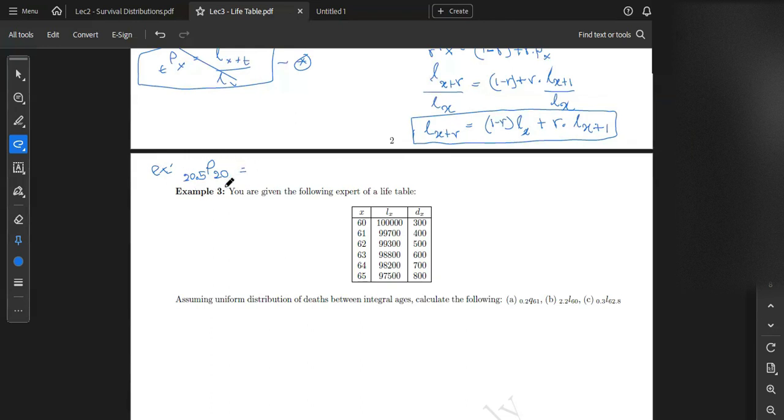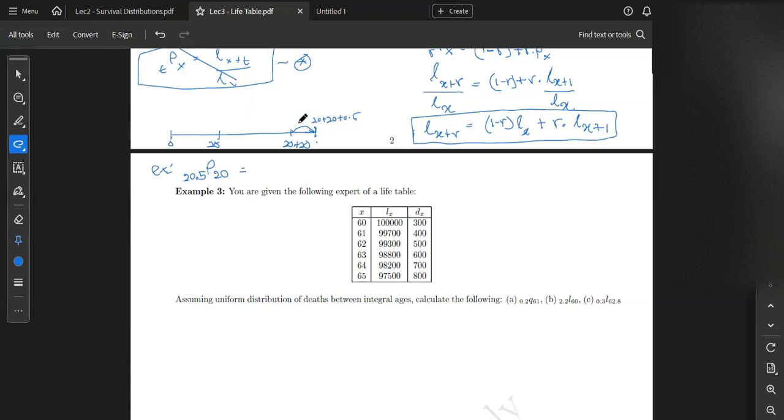So these are independent cases. So surviving from 0, 20, and 20 plus 20, and like let's say for this 20 plus 20 plus 0.5.